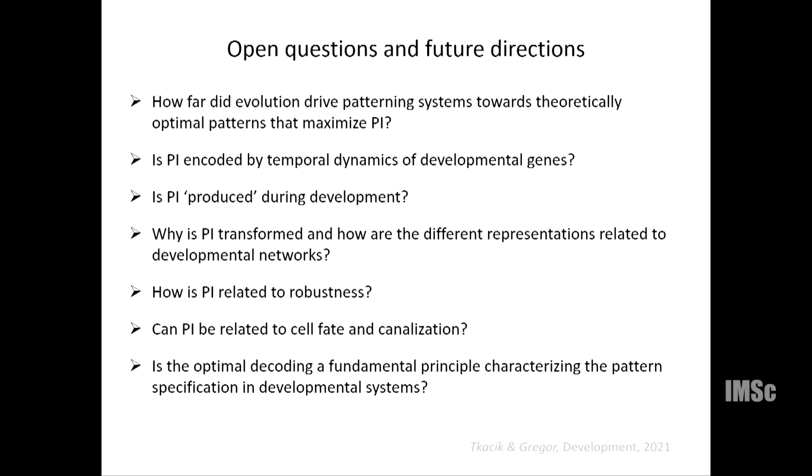Again, just to summarize and maybe highlight some of the open questions that are there. For me, one of the things is that one could expect that many of the organisms are, we believe, well shaped by evolution, but how much is this theoretically optimal patterning under selection pressure?